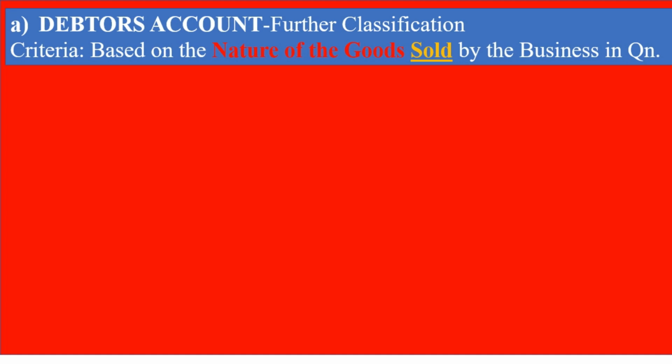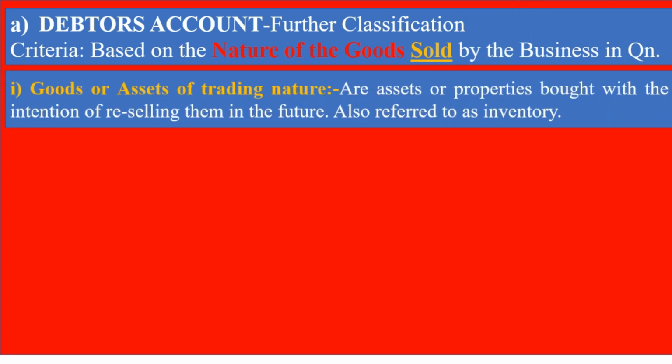Now, debtor account is further classified into different categories based on different criteria. In our case here, one of the criteria is the nature of the goods sold by the business in question. Under this criteria, we can have a case whereby the goods being dealt with by the business are of trading nature.